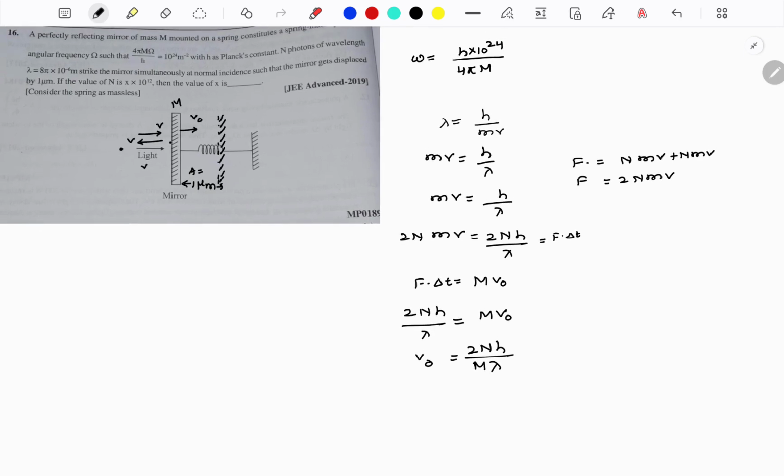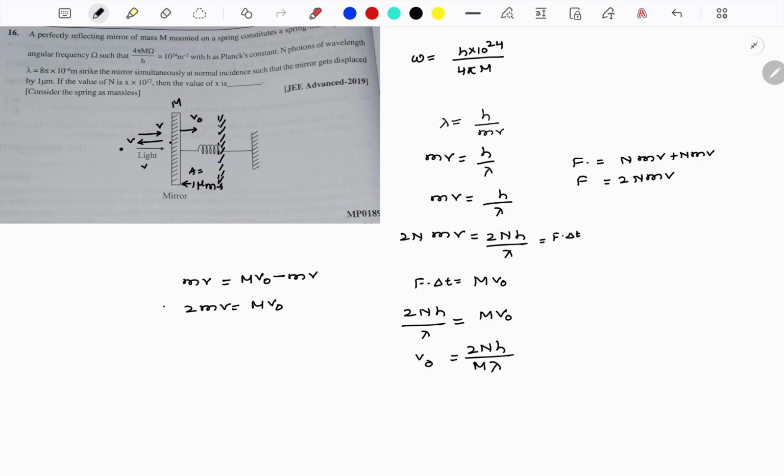Now this is the velocity that this mirror is getting. If you do not apply the impulse method, you can just use the law of conservation of momentum. The initial momentum is mv of the photon, final momentum is capital M into v naught minus m into v, so 2mv is equal to capital M into v naught. Like that you can do also, that's not a problem.